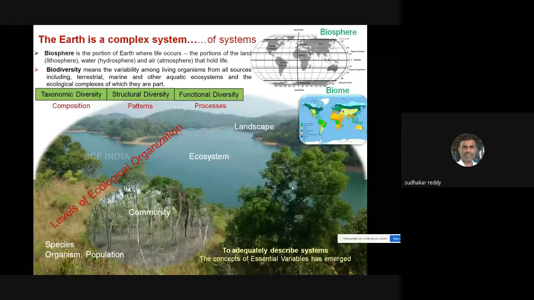It is a complex subject, and as defined by the Convention on Biological Diversity, biodiversity means the variability among living organisms from all sources, including terrestrial, marine, and other aquatic ecosystems, and the ecological complexes of which they are part. So it includes the diversity within species, between species, and of ecosystems.